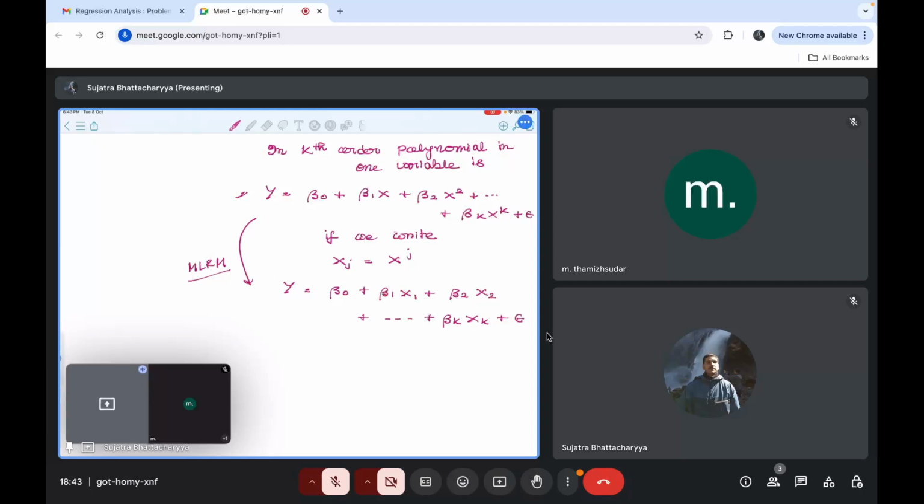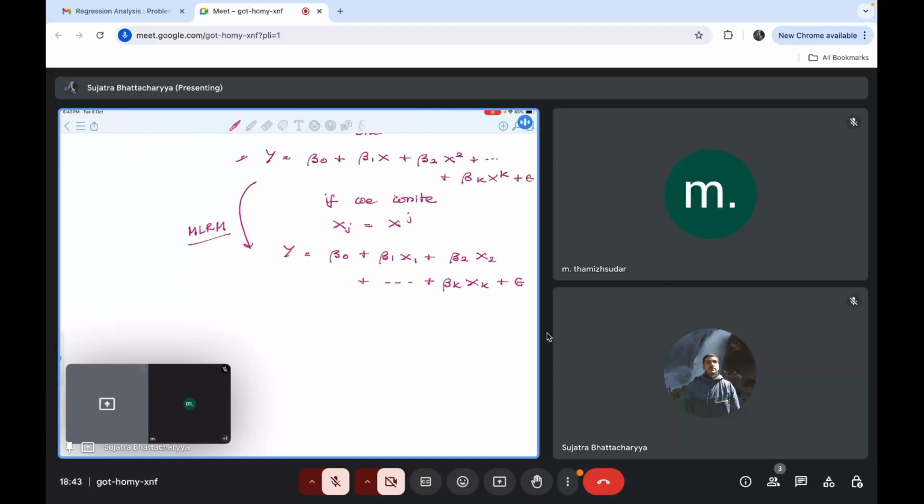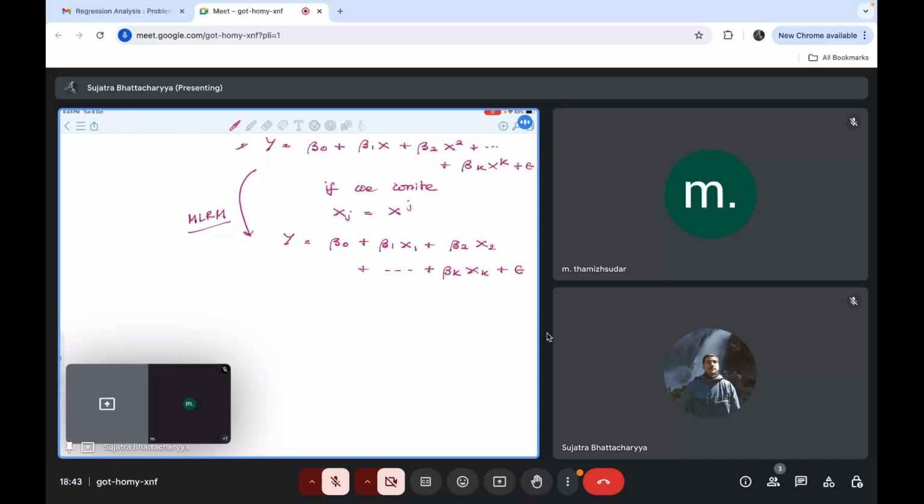It seems that x1, x2 are multiple regressor variables, but actually they are not. In the background, you must know that it is only a single regressor variable, but with powers. It is only the representation in the multiple linear regression model. So once we have converted it, we will just use the multiple linear regression model to find out the coefficients.